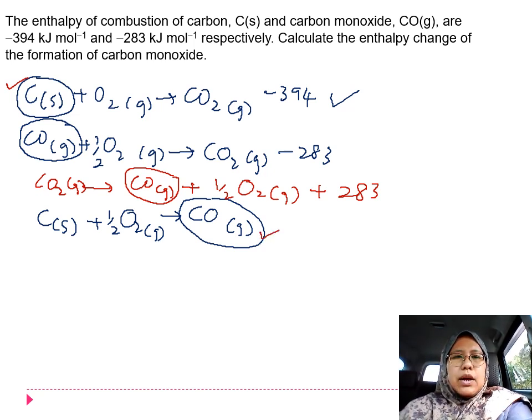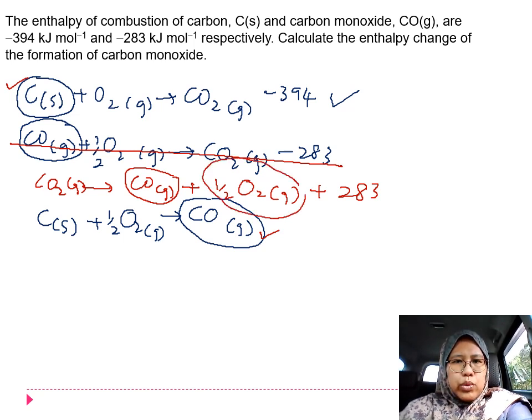Okay, now is the process to deduct all the necessary items. So first, we remove O2. If you want to remove O2 on the left, you have to remove the same amount on the right. But on the right, there is only half of O2. On the left, there is 2/2 of O2.